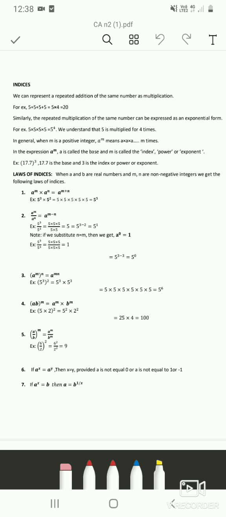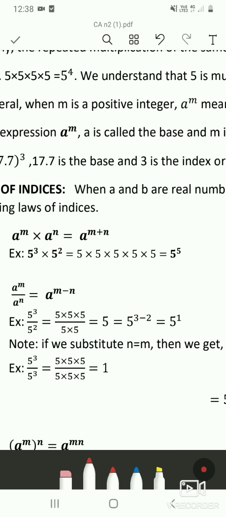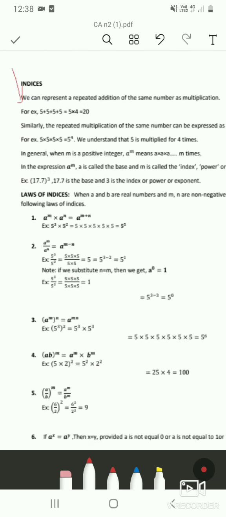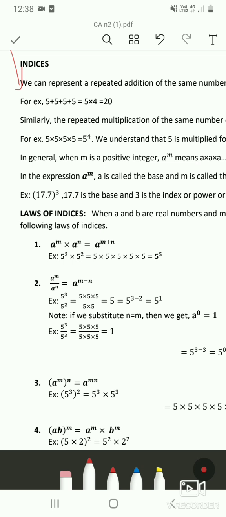As we know, we can represent a repeated addition of the same number as multiplication. Here in this example you can see 5 plus 5 is 10, 10 plus 5 is 15, 15 plus 5 is 20. Also we know that 4 fives are 20, that is 5 is multiplied 4 times, which gives us 20.